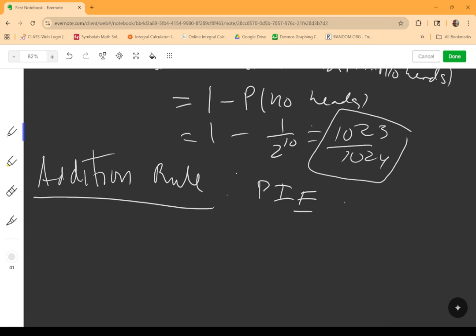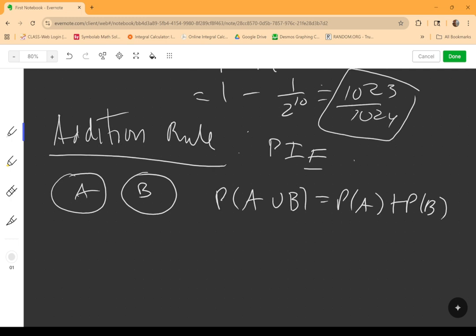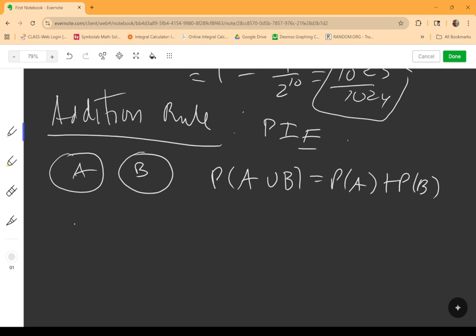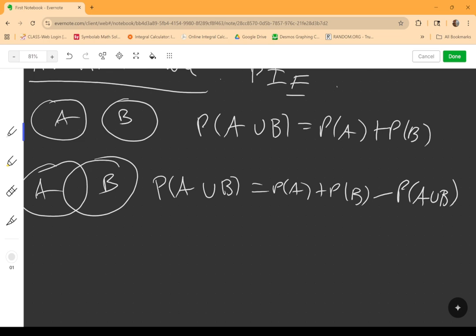If A and B are disjoint events, then the probability of A or B happening is simply the probability of A plus the probability of B. Now if they overlap, simply doing as above overcounts: probability of A plus probability of B. So you have to subtract the probability of the intersection of A and B, because that has been counted twice.